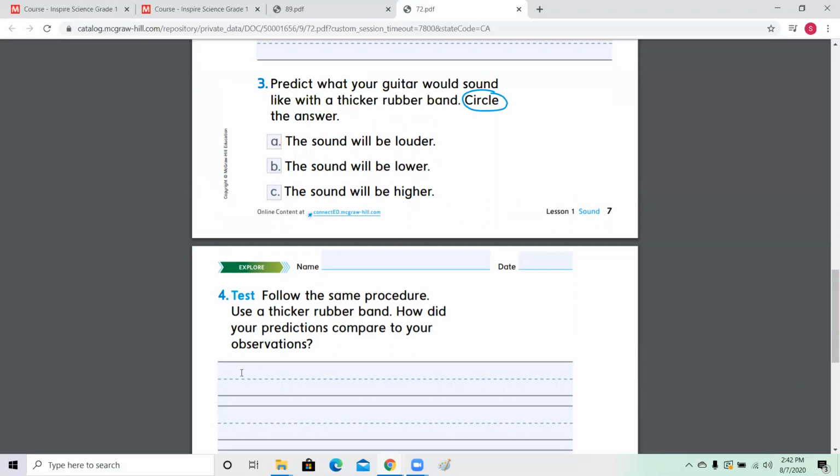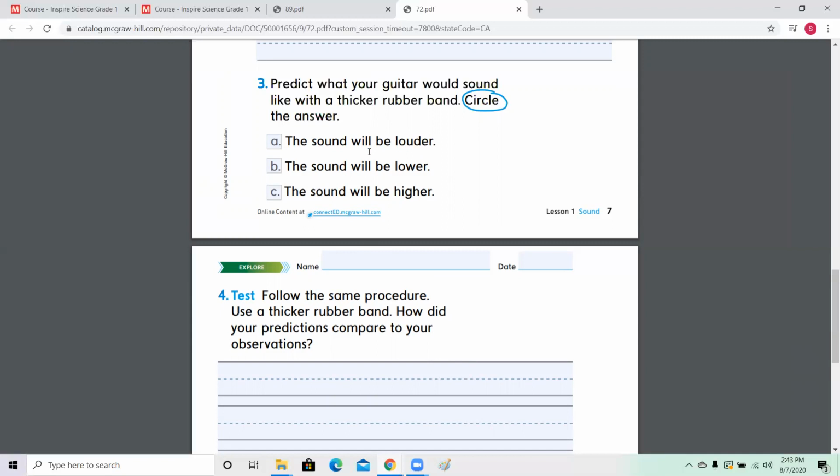So, you will say, I observed that the sound was what when you have a thicker rubber band. So you could say the sound was lower, but let's say you predicted A, the sound will be louder here.